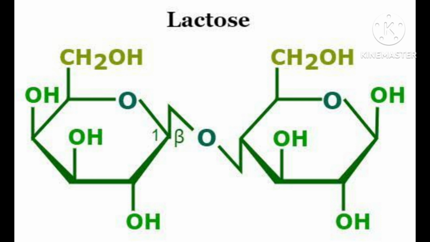Remember, what product will we get? A mixture. That is the invert sugar. Again you listen: hydrolysis of sucrose brings about a change in the sign of rotation from dextro to laevo, and the product is named invert sugar.